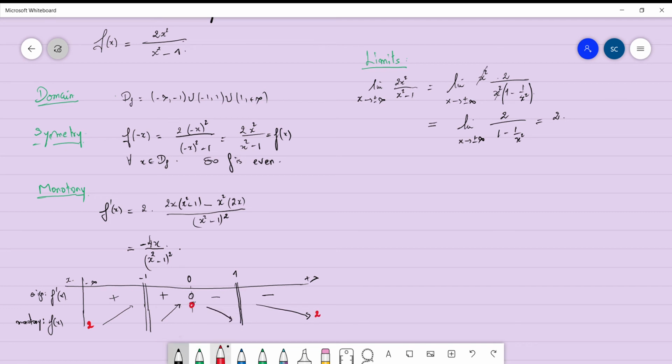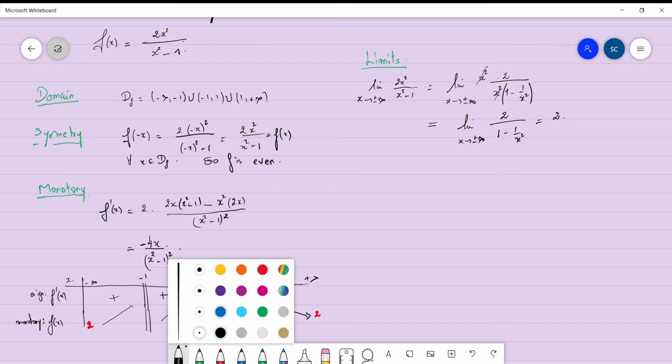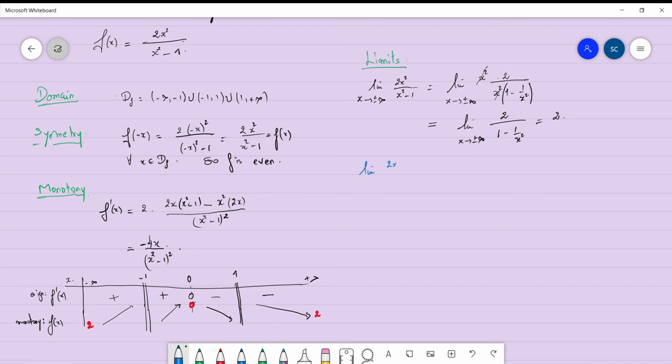Now let's see what the limit of my function is as x approaches -1. Okay, so it will be the limit of 2x² over... I factor the denominator and see what I can get. So if you substitute -1 for x, you will get a numerator of 2, which is a strictly positive number.